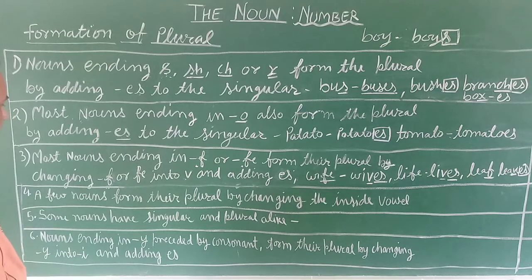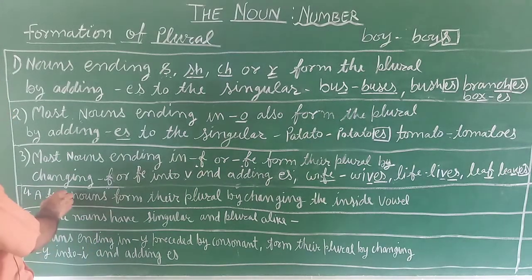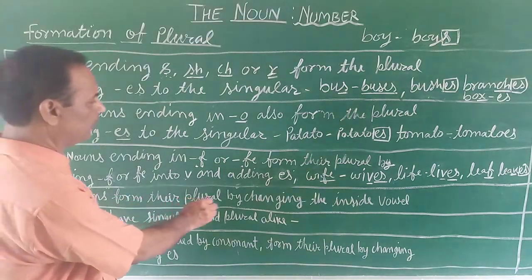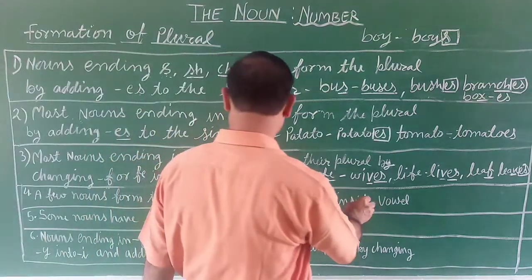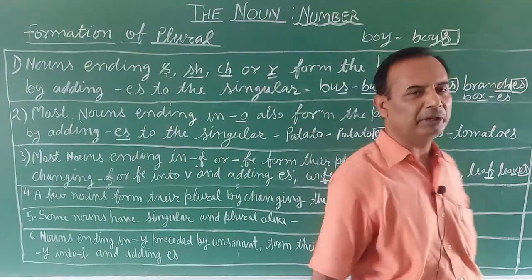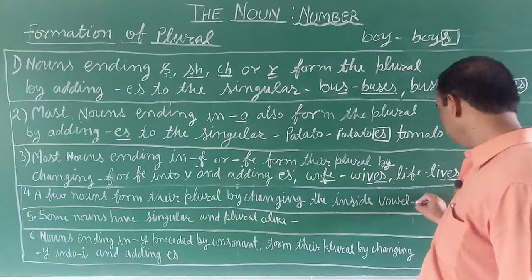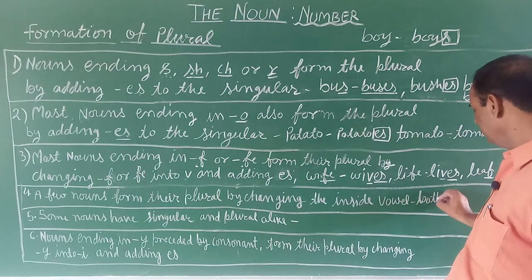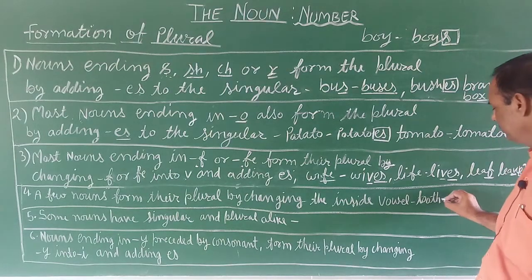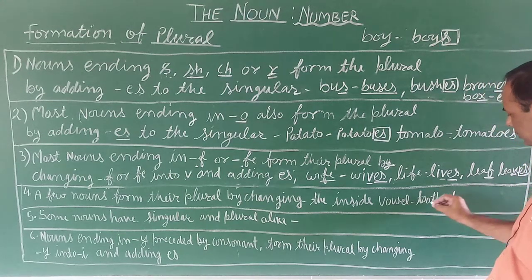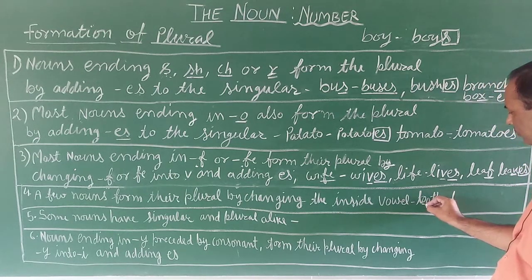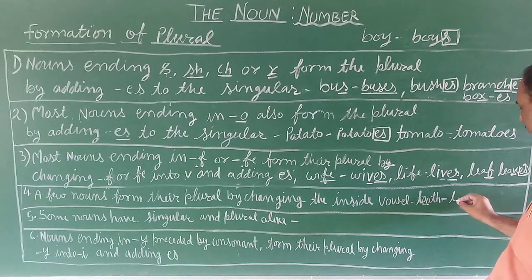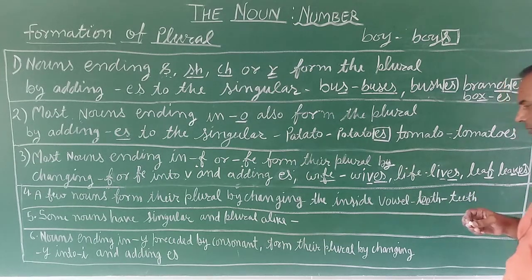Next rule: a few nouns form their plural by changing the inside vowel. Inside vowels are changed. As tooth, singular, and how to make its plural? Inside vowel is changed, double O is here, so it will be changed into EE. So plural of tooth will become teeth.